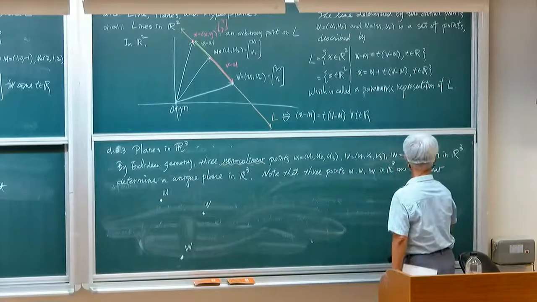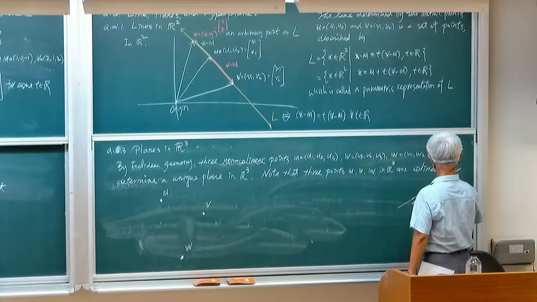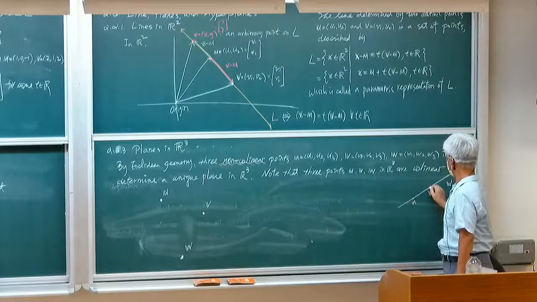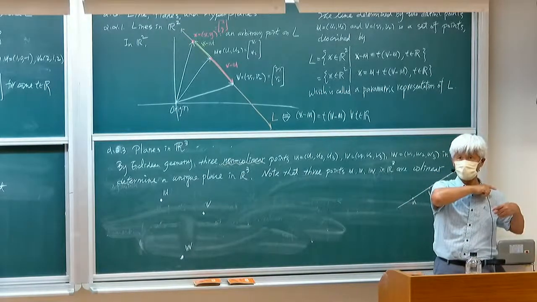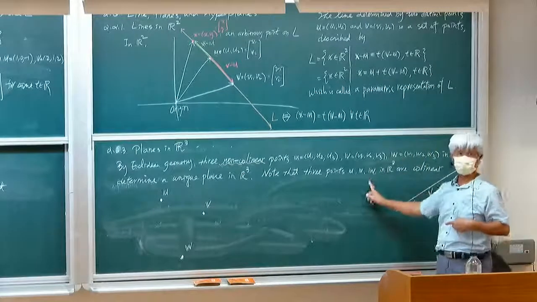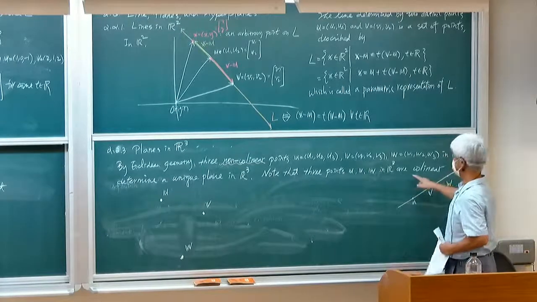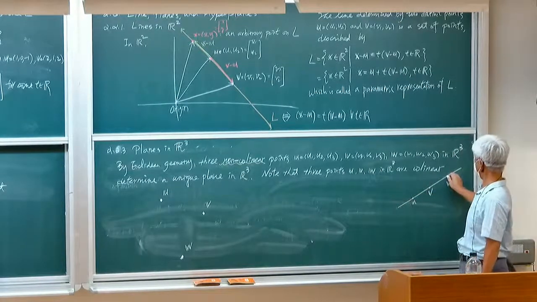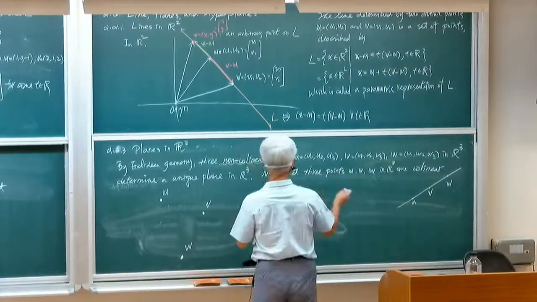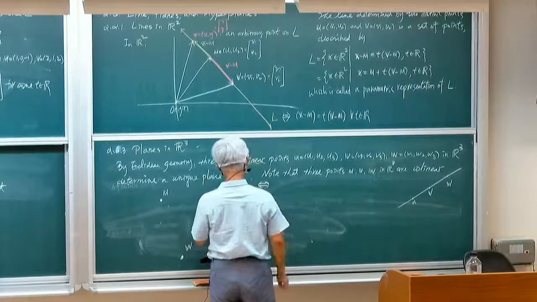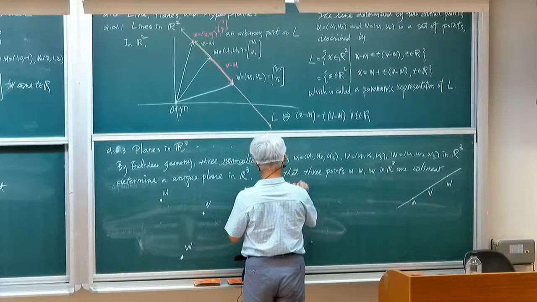So we have a line, and U here, V here, and W here. If we can find a line that goes through these three points, then we say these three points are collinear. And you can see from the geometry that it's collinear if and only if the difference vectors are proportional to each other.